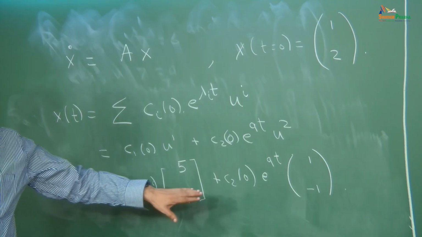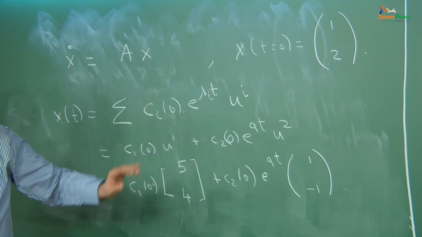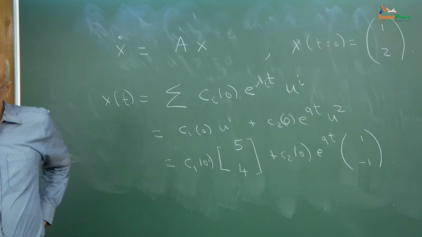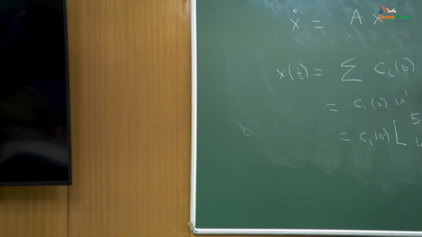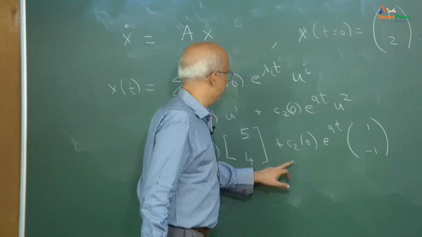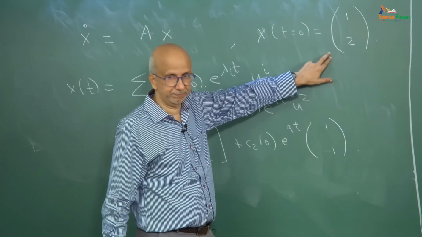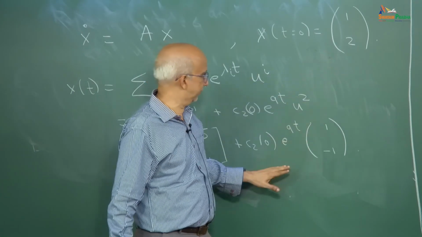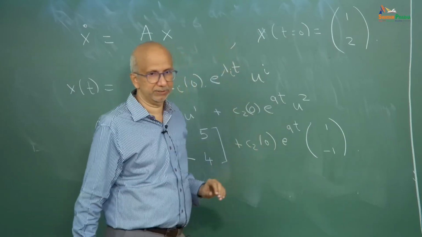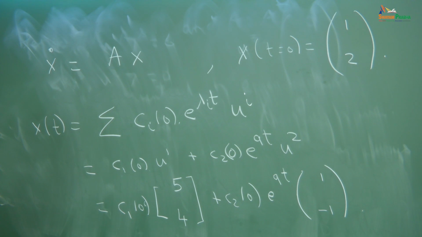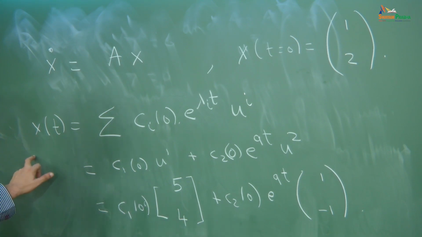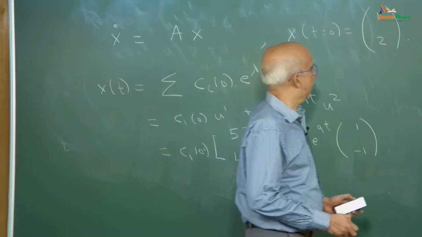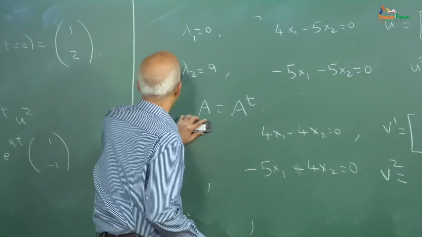Now, this particular thing is going to satisfy the differential equation, but it does not satisfy the initial condition which I have. So, I find the C1 0 and C2 0 so that this initial condition is satisfied. You can substitute this back inside, you will see that this satisfies the differential equation. But now this is still unknown. Only if I find out C1 0, C2 0, I can tell you what the solution is. So how do I find out C1 0?